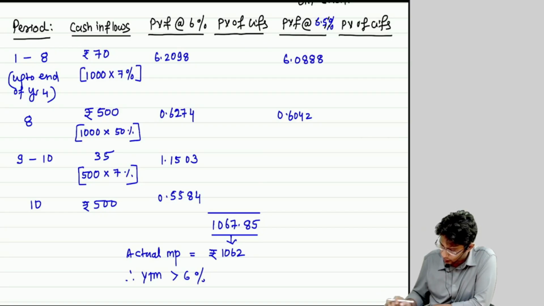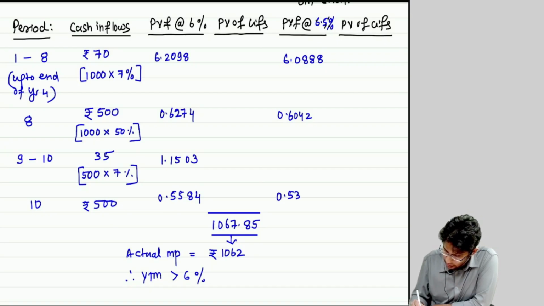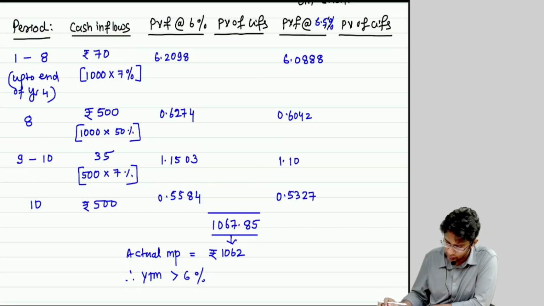Then 1 divided by 1.065, 1, 2, 3, 4, 5, 6, 7, 8, 9, 10. 0.5327. Perfect.